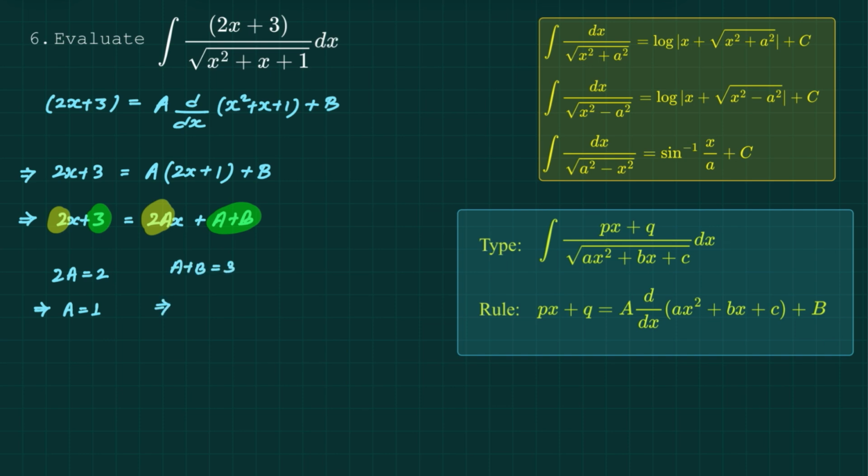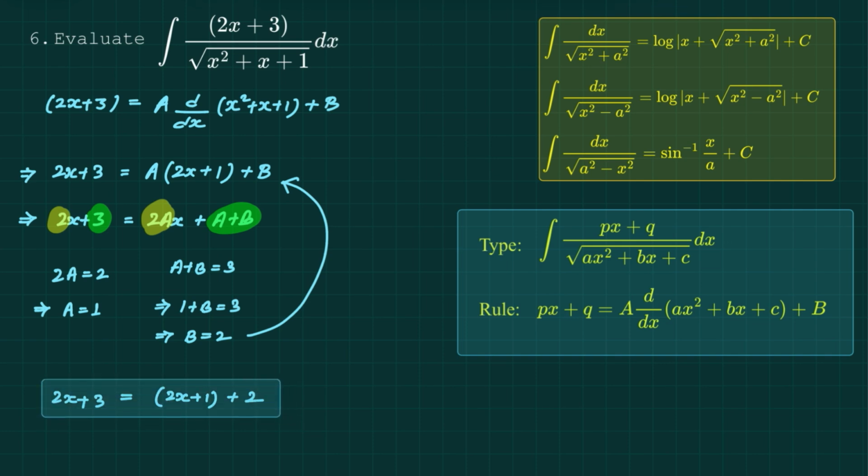Since a is equal to 1, 1 plus b equals 3, which gives b equals 2. Now we will put the value of a and b in this equation. So we can write 2x plus 3 equals 1 into (2x plus 1) plus the value of b, which is 2. So we just split our numerator into two terms.